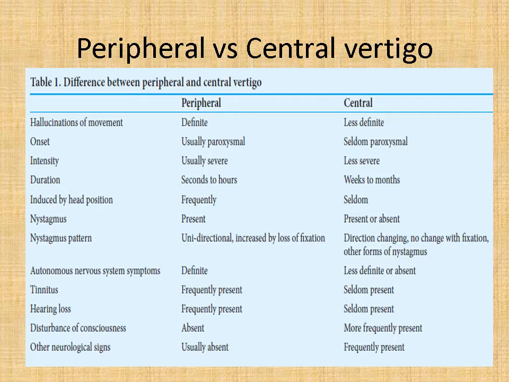Induced by head position: this is not a must, but frequently it accompanies peripheral vertigo. Nystagmus is present in cases of peripheral causes of vertigo, whereas it might be absent with central vertigo. And when we mentioned earlier that we have to record true vertigo, meaning we have to record nystagmus, this means that we have to record it during the attack.